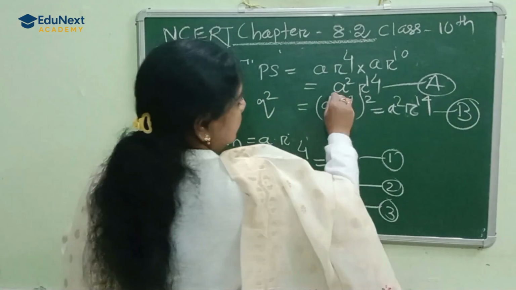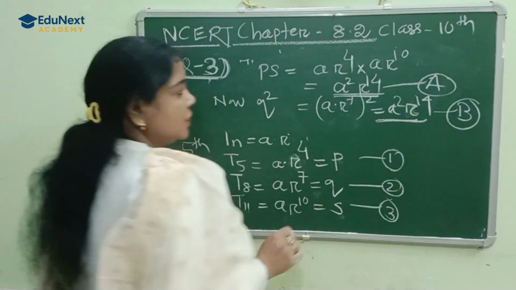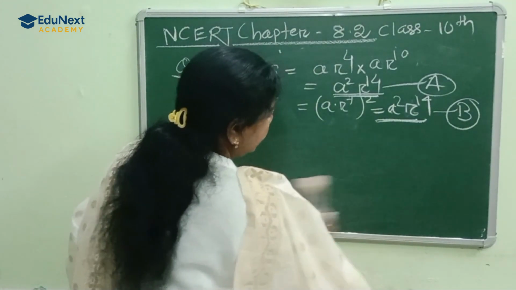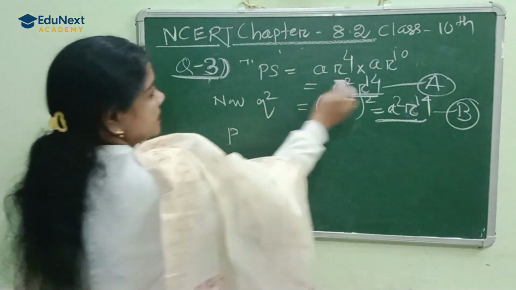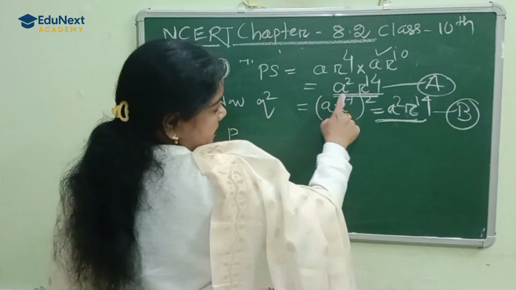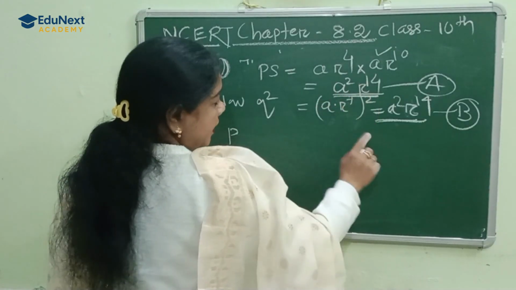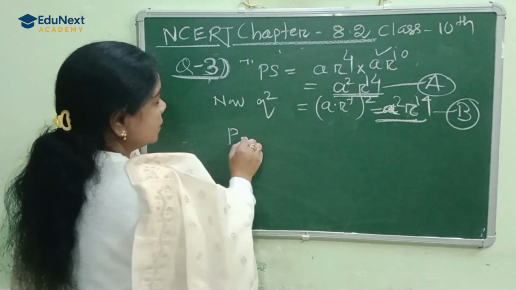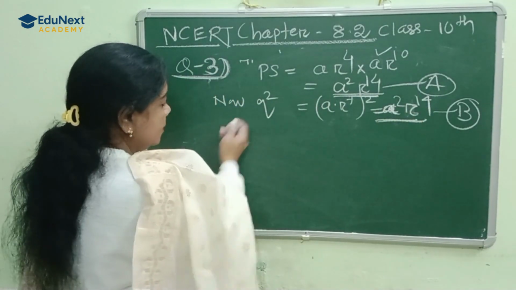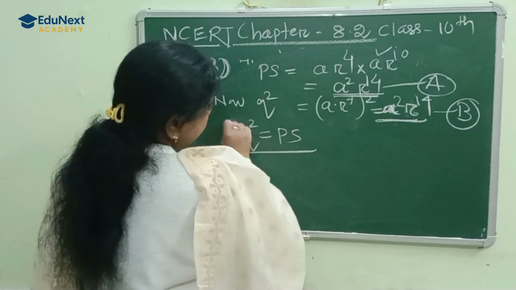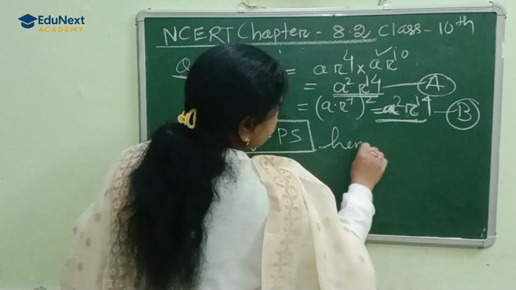Now see, the final answer of both equations is the same. That means this PS is this Q square. Means here PS I got a square r to the power 14 and Q square I got a square r to the power 14. So here I proved that Q square is equal to P into S. Hence proved.